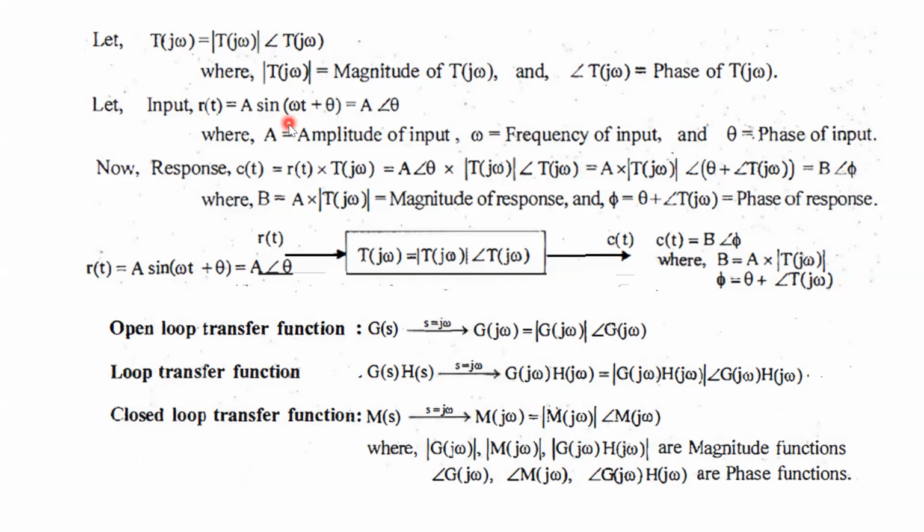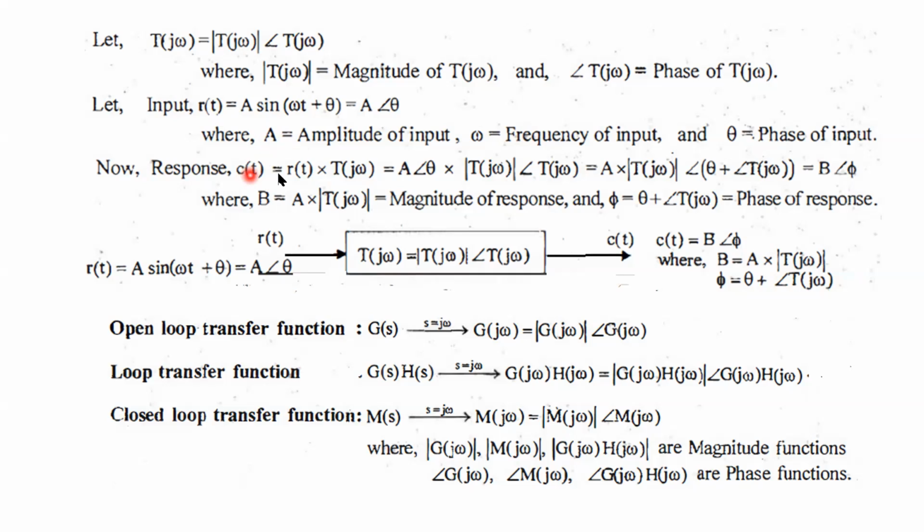Suppose your input r of t is sin(omega t plus theta). I can represent this as A at an angle theta, where A is the amplitude of the input, omega is the frequency, and theta is the phase of the input. Suppose for this input r of t the output is c of t.